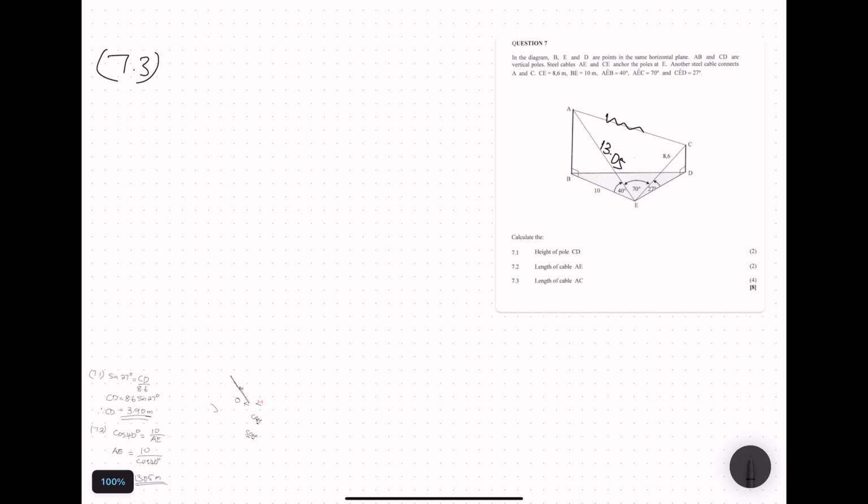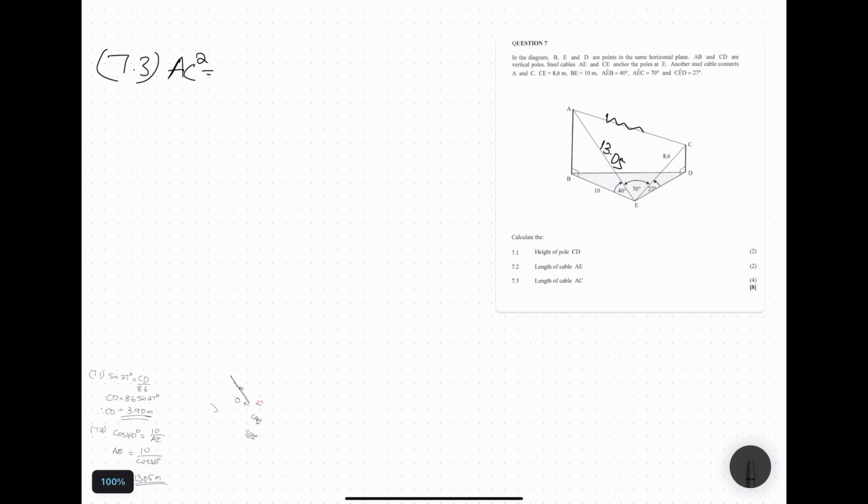We don't know it, but we can already see that we have two sides and an angle. When you have two sides and an angle, you cannot use the sine rule because we don't have another angle. We can only use the cosine rule.